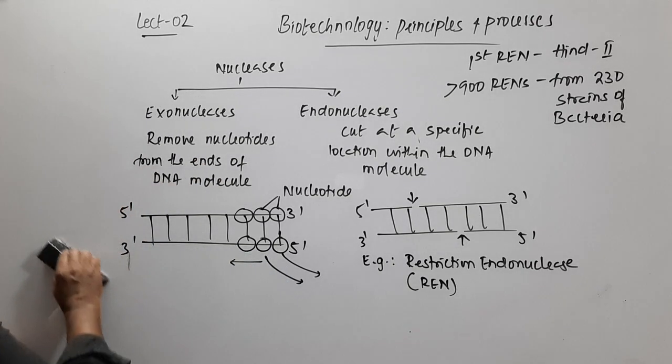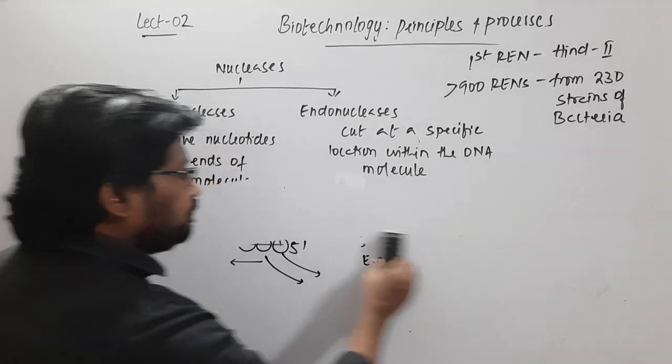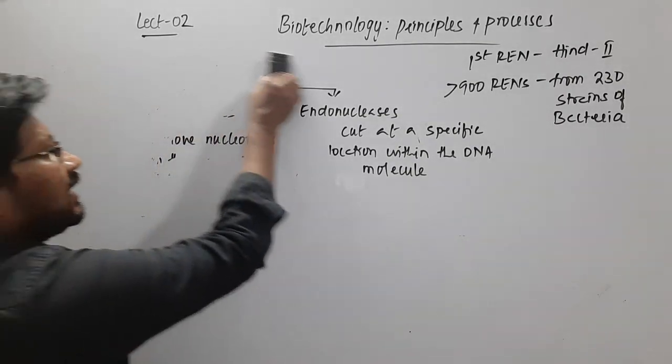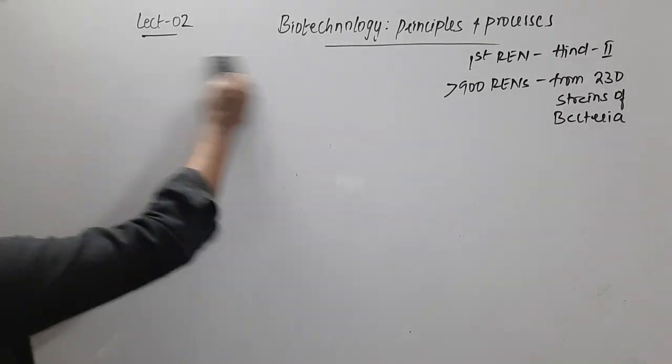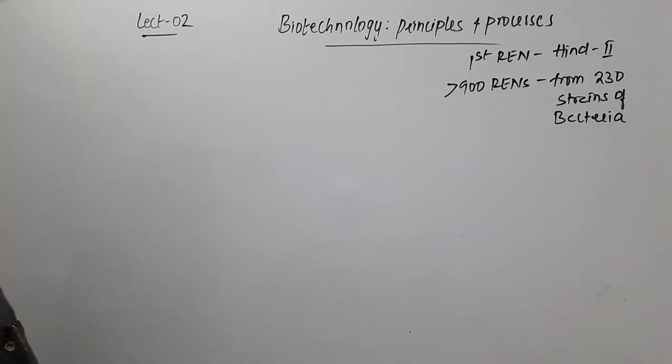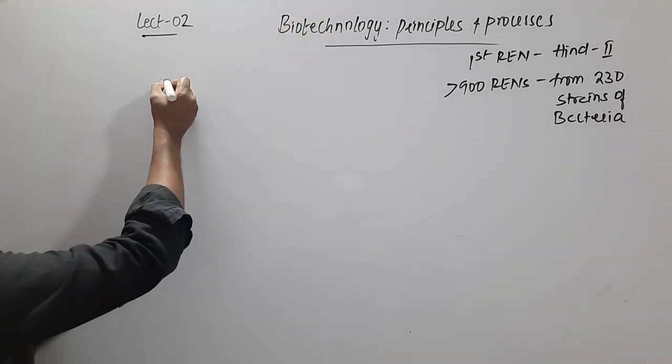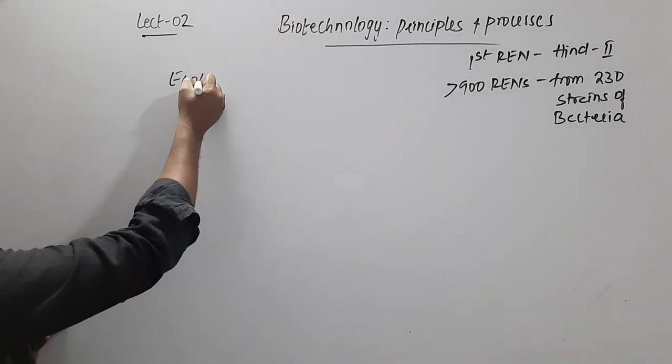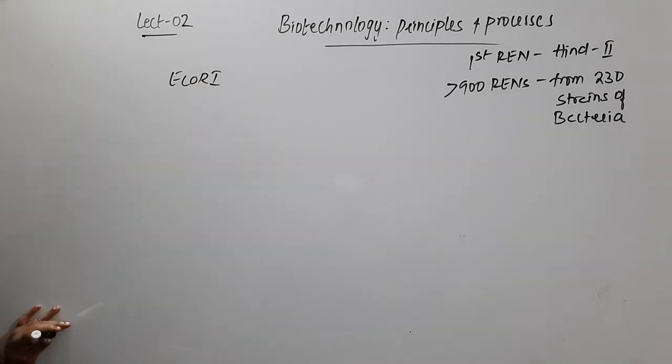So that's the nomenclature of RENs. How do we give names to those restriction endonucleases that we isolate from bacteria? Say suppose here I'm going to take EcoRI.